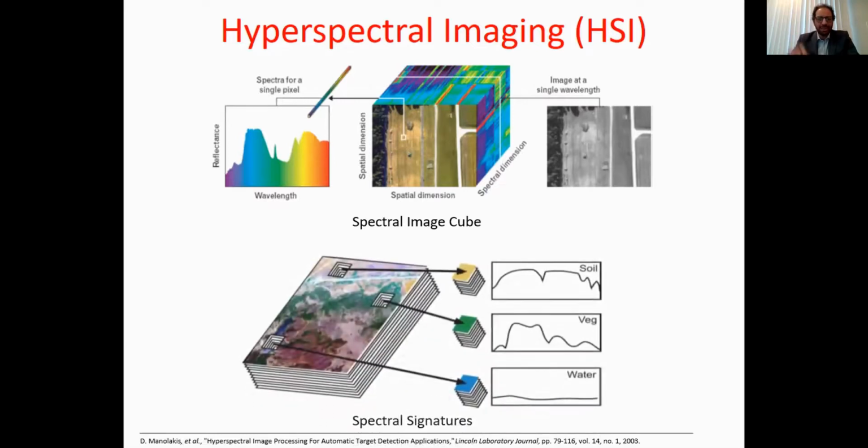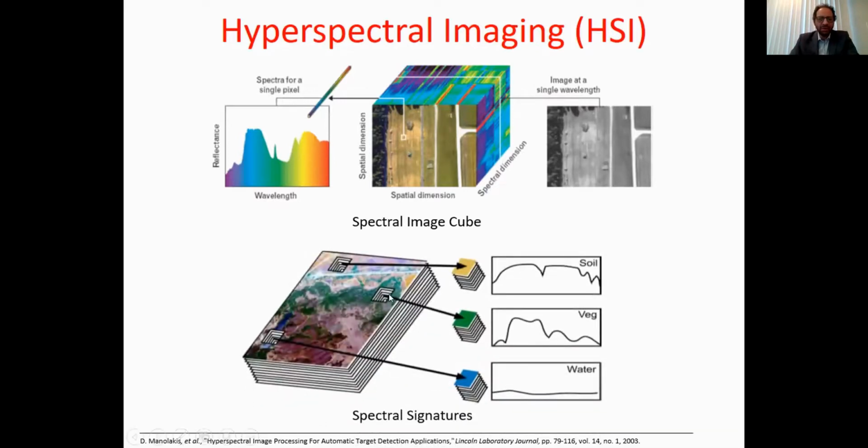If you look at any pixel here, at X and Y, the length of this pixel becomes a vector, and this vector would represent, let's say, the absorption spectrum of whatever materials are at this pixel, how the light got reflected back. So these are spectral signals.